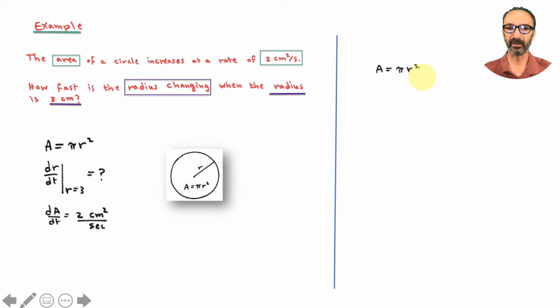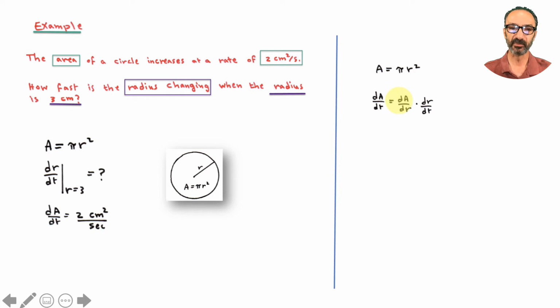A equals pi r squared. dA/dt equals dA/dr times dr/dt. Notice right here, I did it differently. Why? Because I want to teach. I just don't want to solve problems and move on. I need to make some notes and some ideas while I'm working.